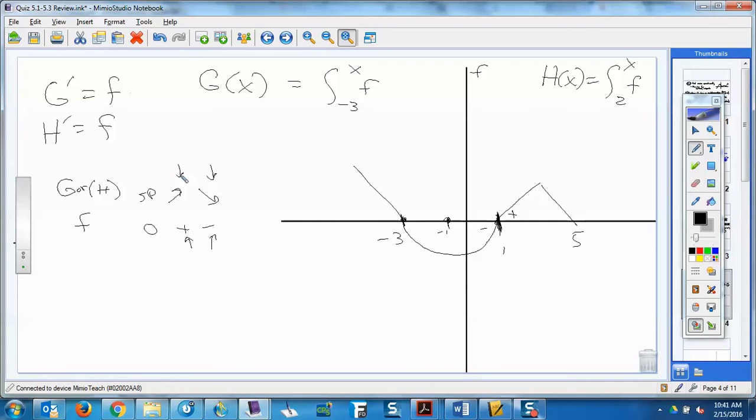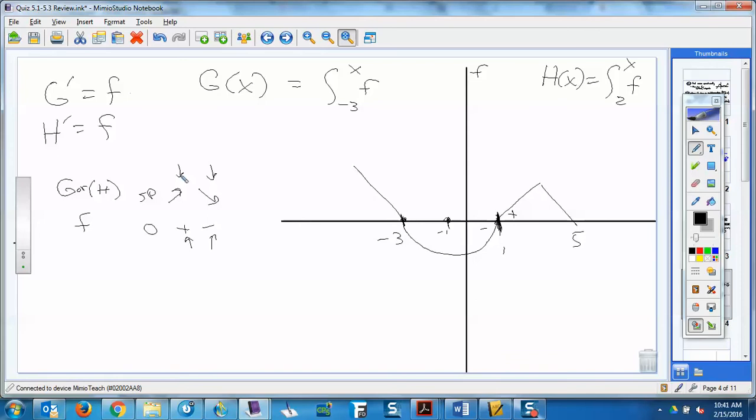That's a local minimum. You've got to have that. On the quiz, if it asks question number 53, why does G have a local minimum at x equals 1? It's because little f is going from negative to positive. Therefore, big G is going from decreasing to increasing. That's why it's a local minimum.